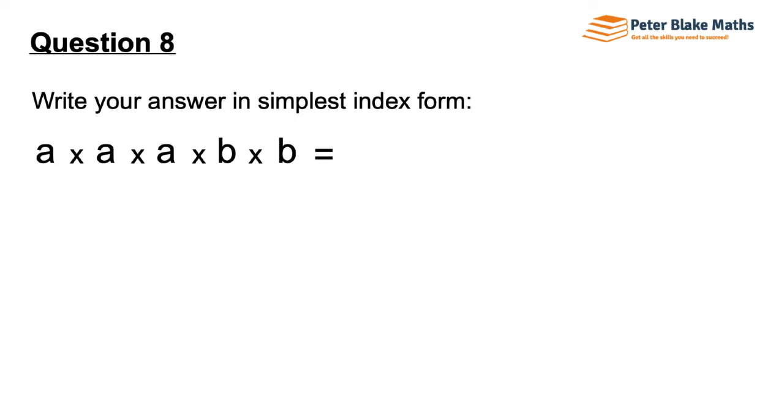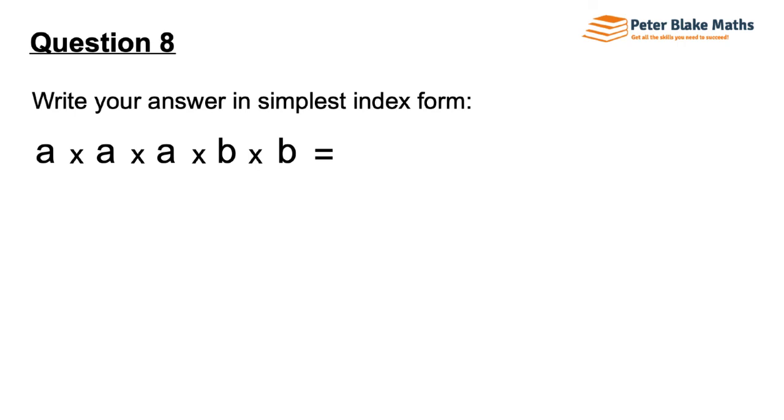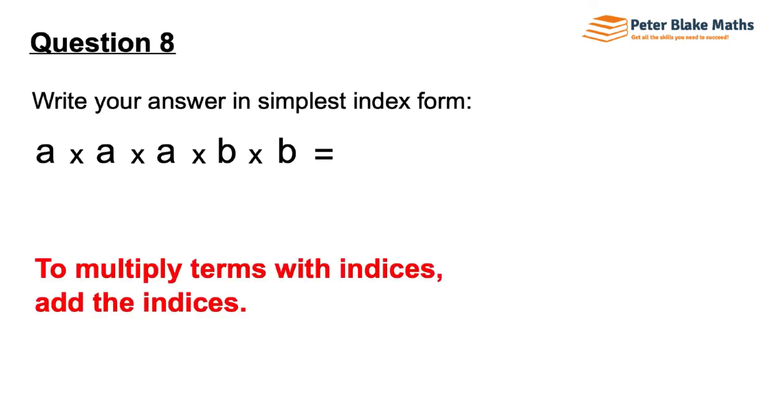Question 8. Write your answer in simplest index form. We have a times a times a times b times b. To multiply terms with indices, we add the indices. Doesn't look like we've got any indices there, but there are invisible ones for each of these terms. So the a section can be a to the power of 1 times a to the power of 1 times a to the power of 1.